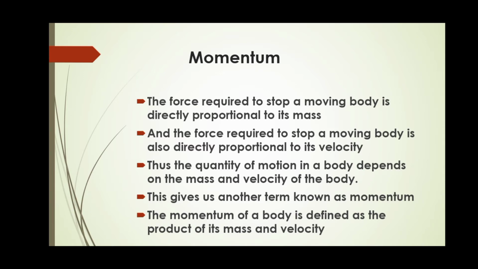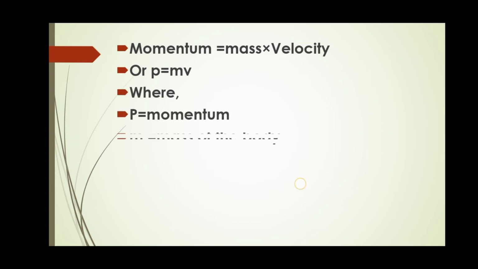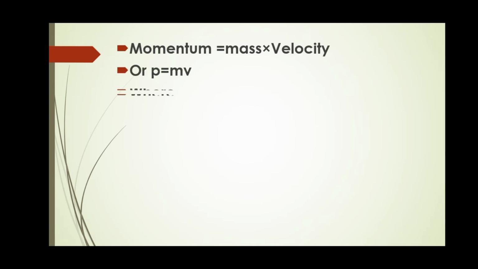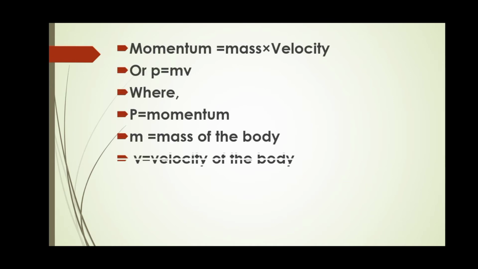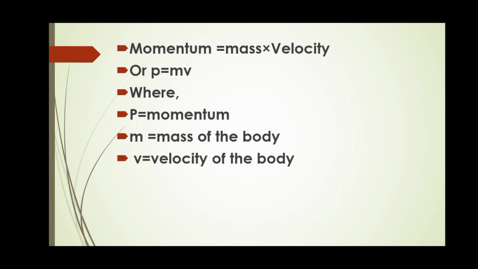The momentum of a body is defined as the product of its mass and velocity. Momentum is equal to mass into velocity, or P is equal to mv, where P is the momentum, m is equal to the mass of the body, v is the velocity of the body.